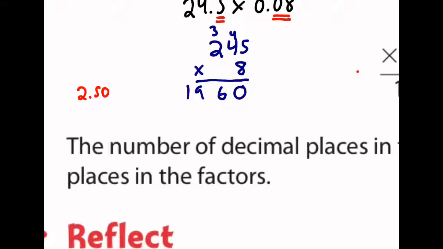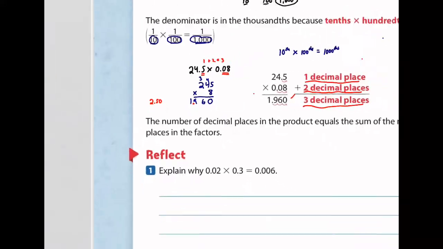No. Is it close to $19.60? No. Is it close to $1.96? Yes. Is it close to 19 cents? Remember, that's if you only look at those first 2 digits. No, it is not. So you can use common sense to say it has to be here because $1.96 is close to $2.50. So estimation can help you with that as well.